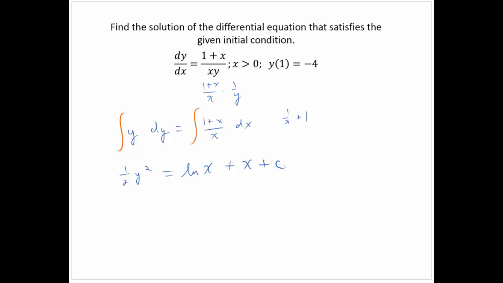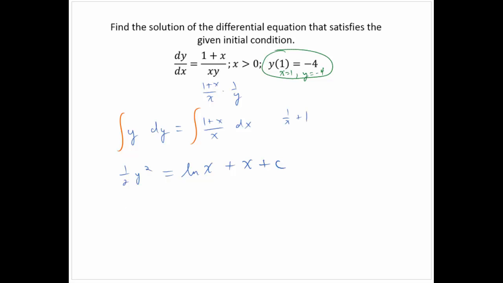Now, we're told that y of 1 is negative 4. So that means when x equals 1, y equals negative 4.